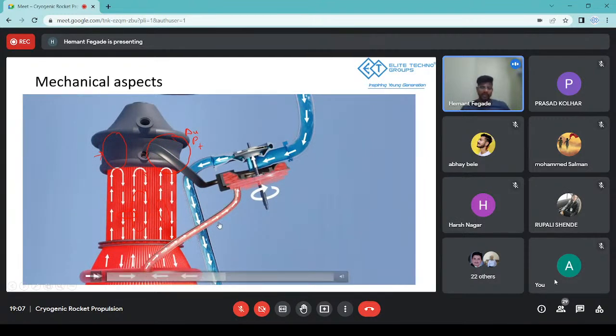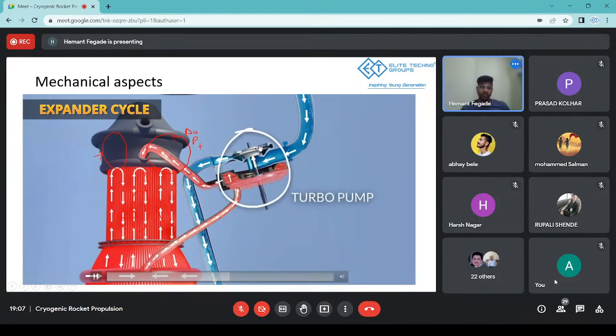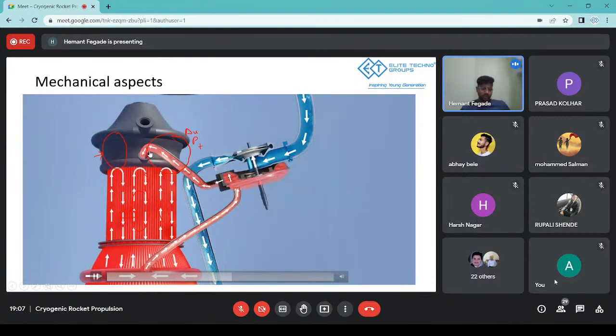From here it is being transferred, and that hydrogen is controlling the turbine, and the turbine is rotating the impeller, and then again it is being passed to the engine from here and burned. Whatever liquid hydrogen is there, its gaseous form over here is being used to rotate the turbine, which in turn rotates the impeller. Here again the same thing.